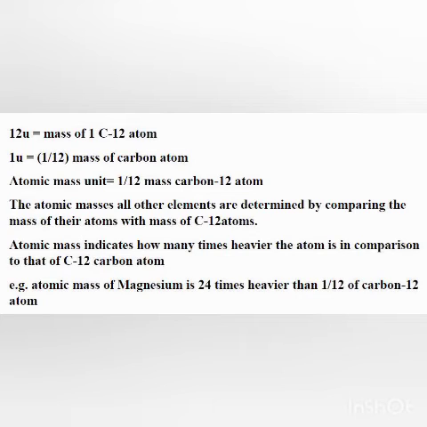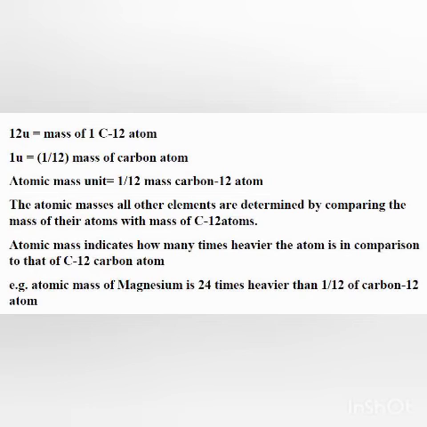I told you, if the carbon atom is cut into 12 equal parts, it tells us how many times the element is heavier than one piece of those 12 parts. I hope now it is clear.